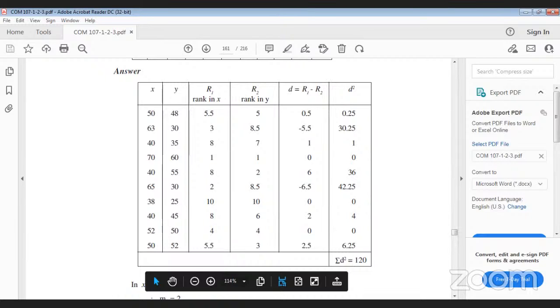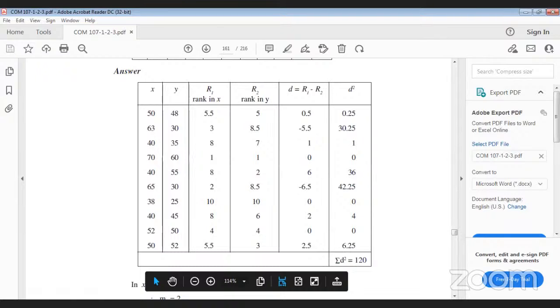So the answer in the fifth column is minus 6.5. 10 minus 10, the answer is 0. 8 minus 6, here 2. 4 minus 4, 0. And 5.5 minus 3 is equal to 2.5 here.